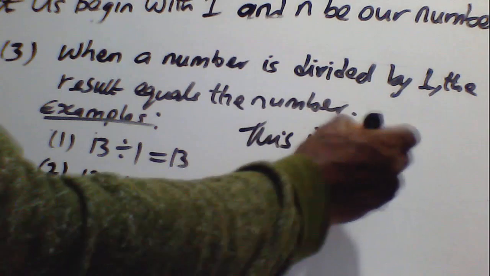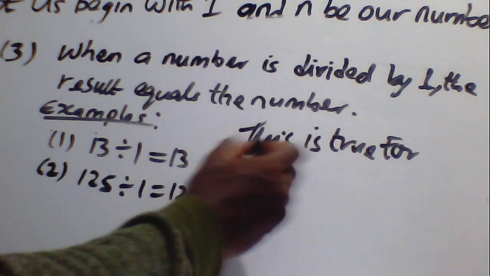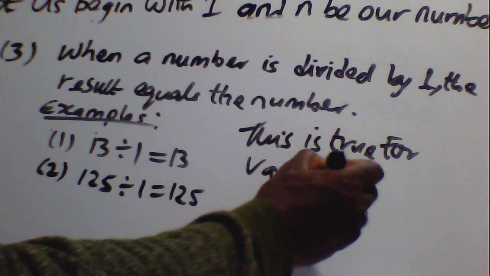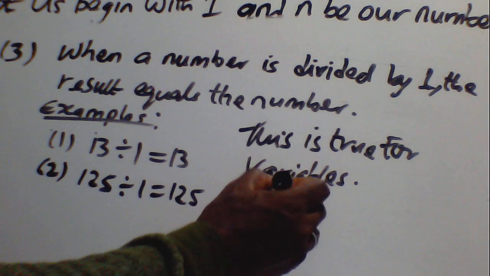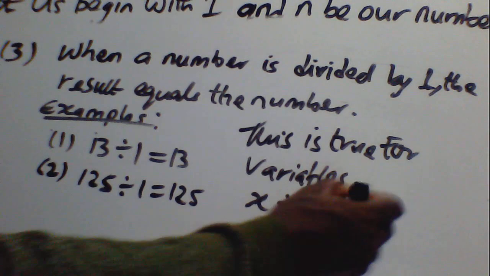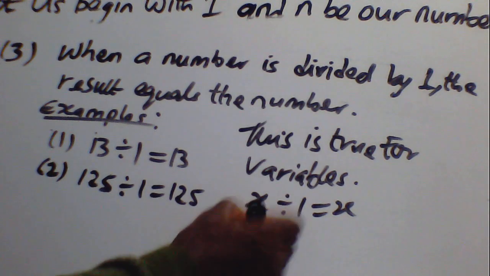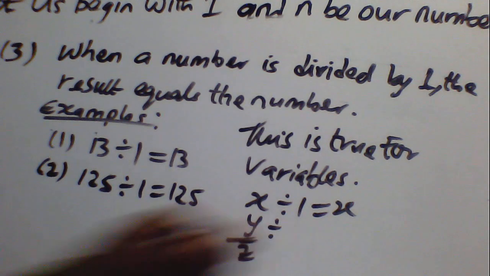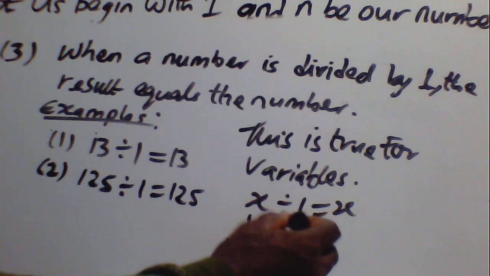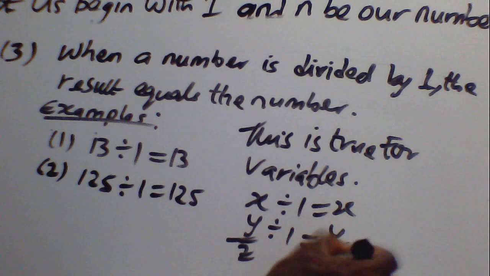This is true for variables. So it's also true for variables. For example, x divided by 1 is equal to x. y over z divided by 1 is equal to y over z.